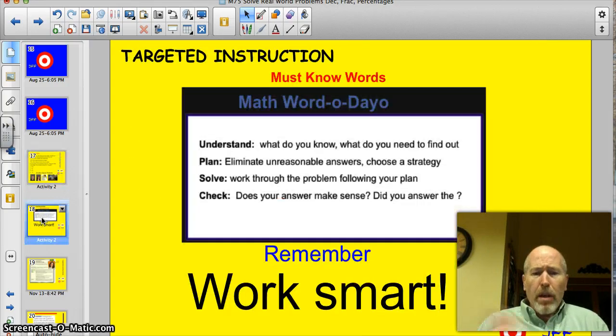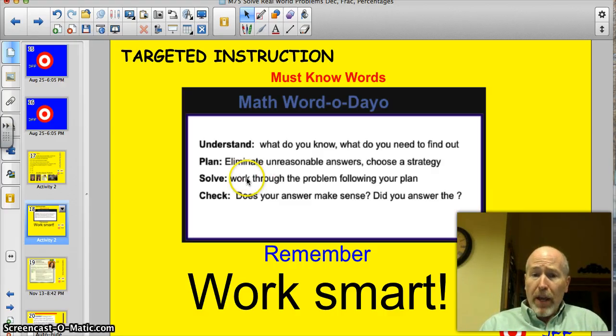Alright, here's the strategy for looking at problems. When you have a word problem, it's good to make sure you understand what the problem is, to plan, to solve, and to check. First of all, what does understand mean? It means, what do you know and what do you need to find out? The second thing, making a plan, getting rid of unreasonable answers, and trying to start that plan.